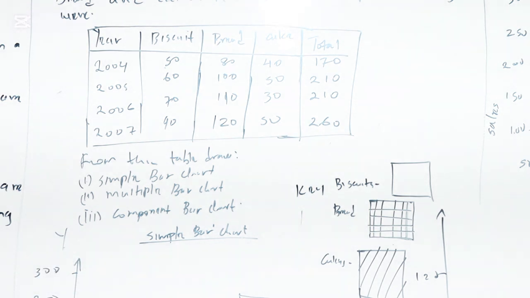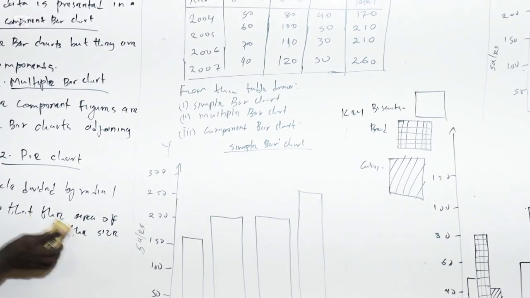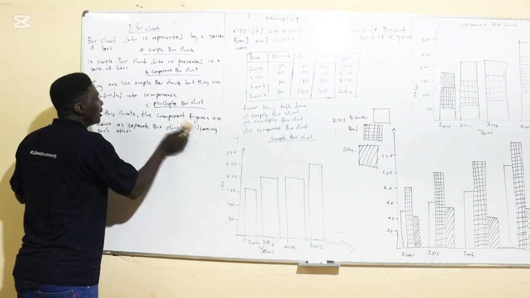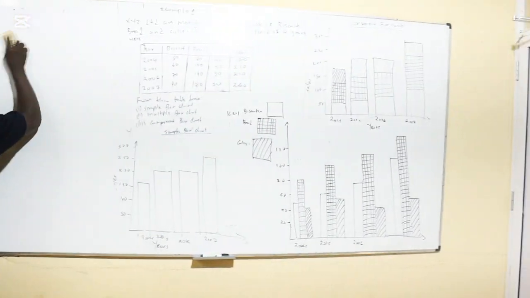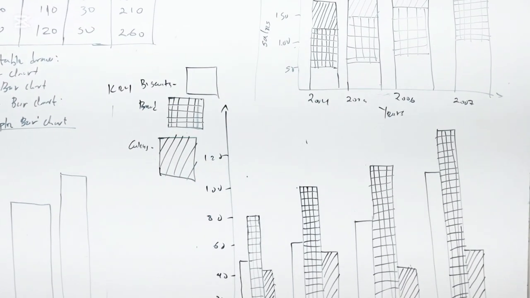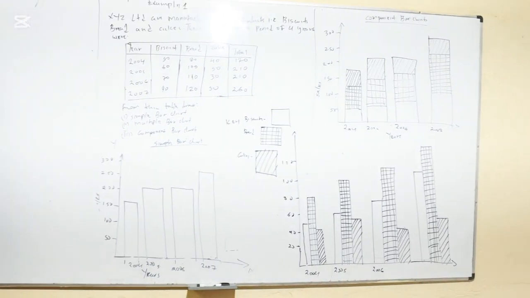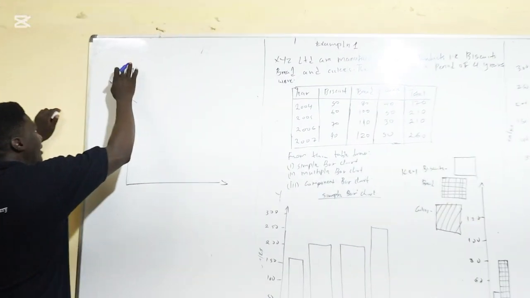Now with simple bar charts, let me erase this other side. Hope you have already followed it. Now with a simple bar chart, it's just the normal graph. And we also know the features of a graph. So a normal graph with x and y axis.